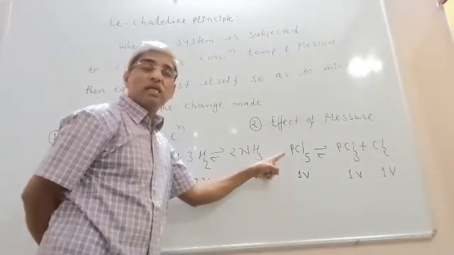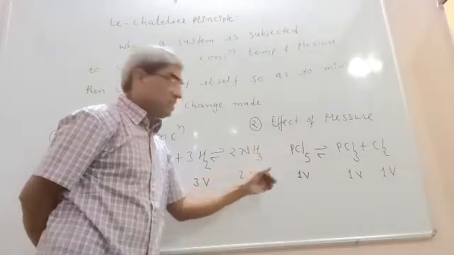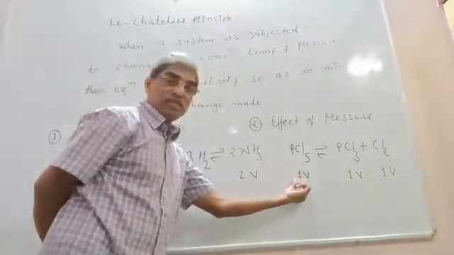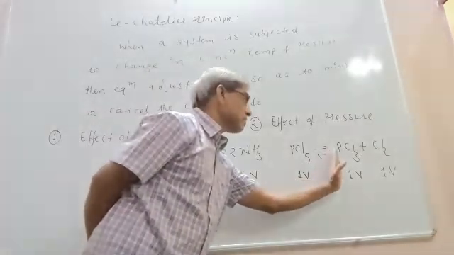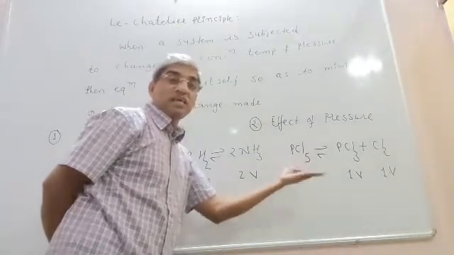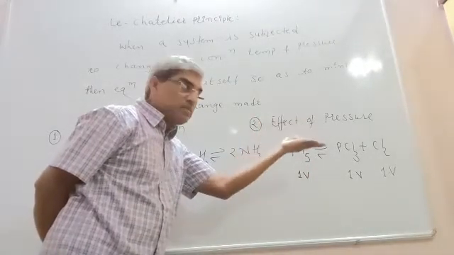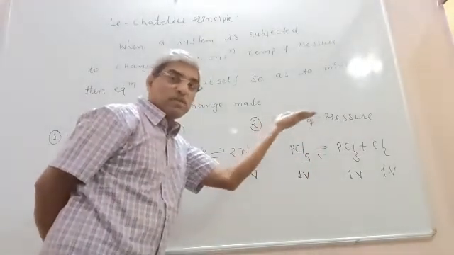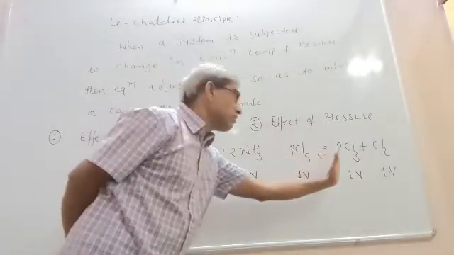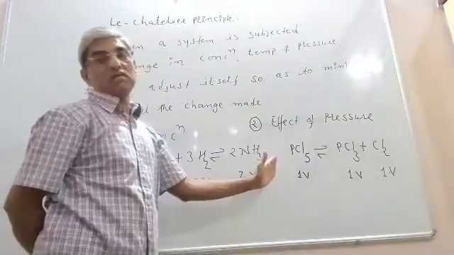Equilibrium will shift toward that direction where volume decreases. Now right hand side, left hand side, volume decreases. Therefore the equilibrium of this reaction will shift towards the reactant side by increasing the pressure. Means that the increase in pressure is nullified. For what purpose? To shift the equilibrium towards PCl5.